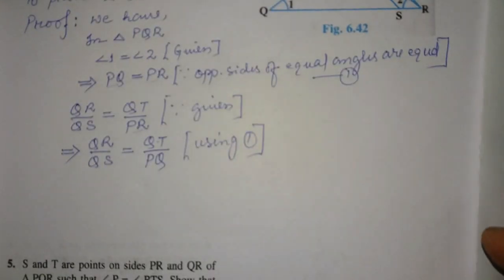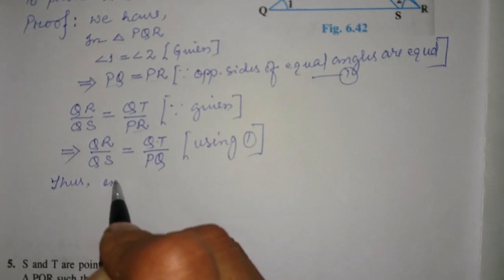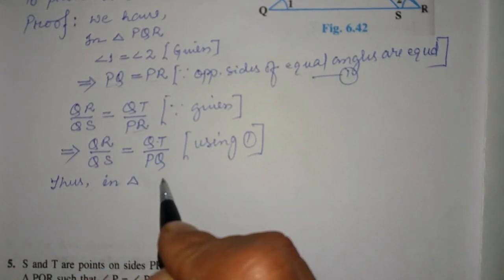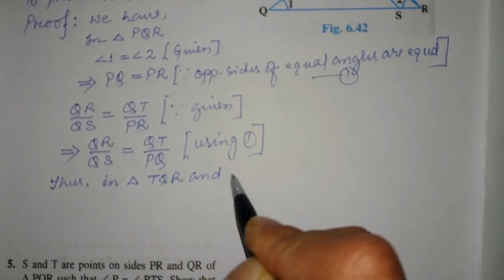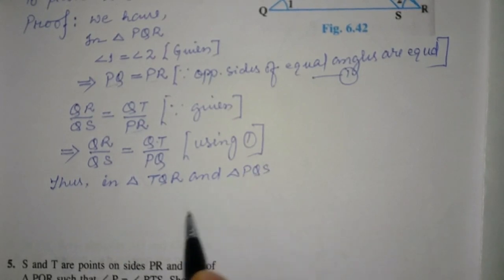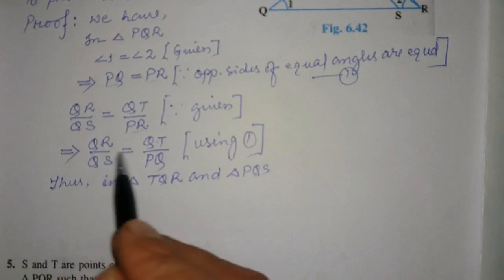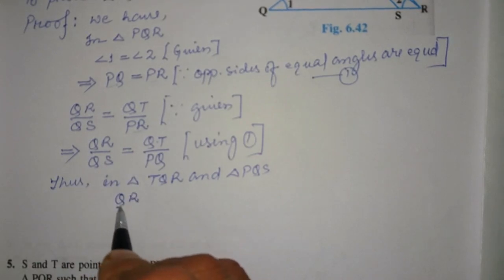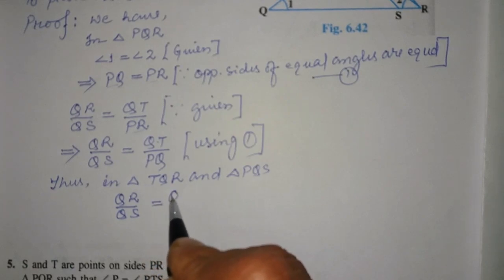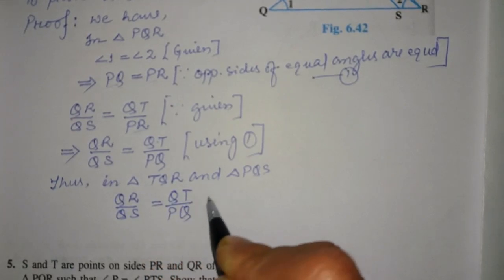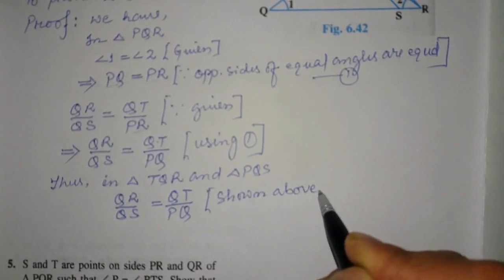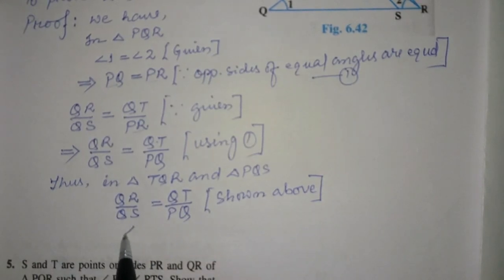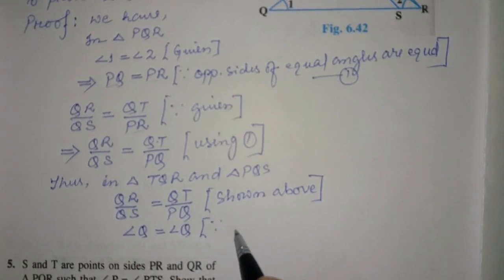So in triangle TQR and triangle PQS, QR by QS is equal to QT by PQ, shown above, and angle Q is equal to angle Q since it is common to both triangles.